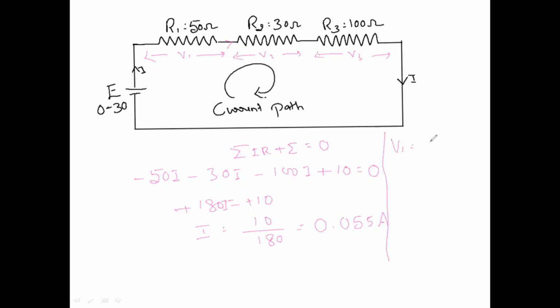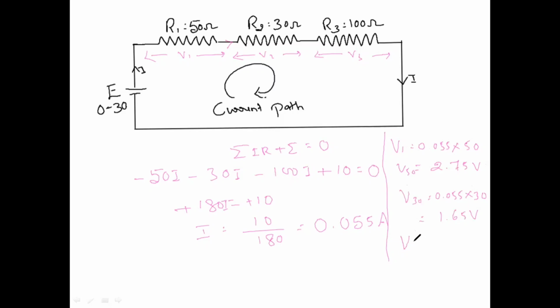V1 is 0.055 into R, which is 50 ohms, so the voltage drop across the 50 ohm resistor is 2.75 volts. Similarly, voltage across 30 ohm is 0.055 into 30, that is equal to 1.65 volts.